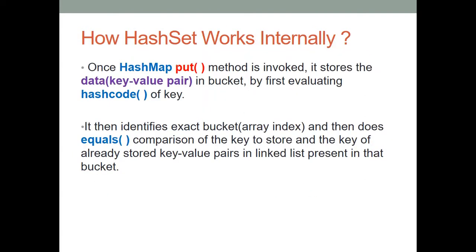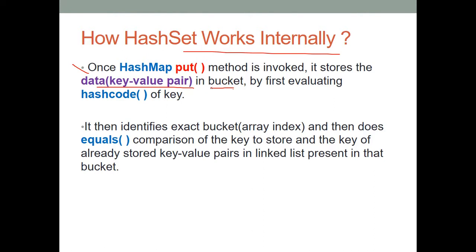How does HashSet work internally? It's a good question. I already told you. Once the HashMap put method is invoked, it stores the data as key-value pairs. A map always stores data in key and value pairs in a bucket.